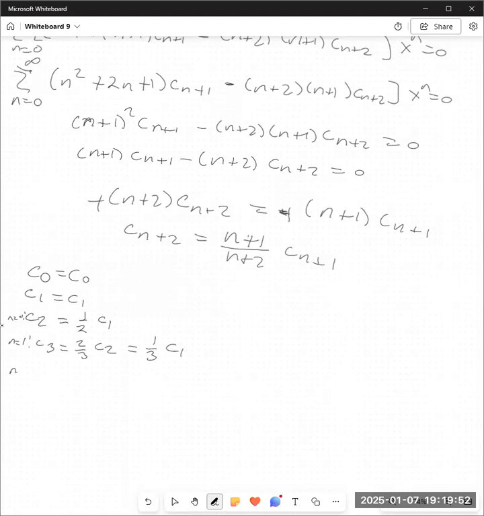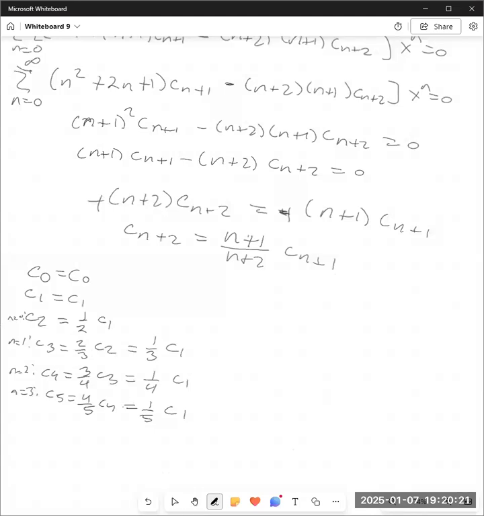Then when n equals 2, c_4 is 3/4 c_3, which is 1/4 c_1, and so forth. If you want to see another one, when n equals 3, c_5 is 4/5 c_4, which is equal to 1/5 c_1.